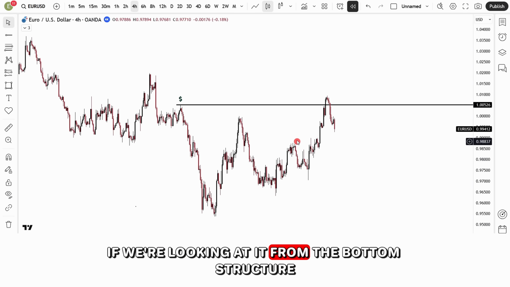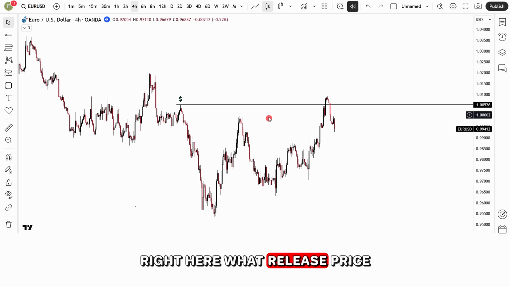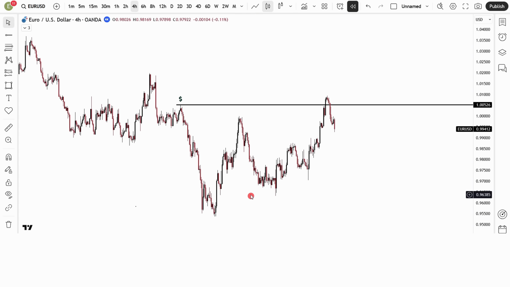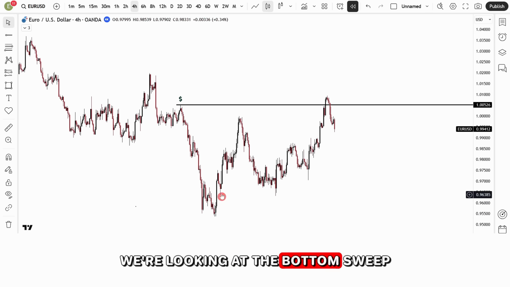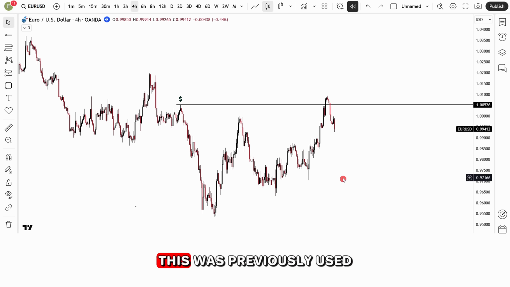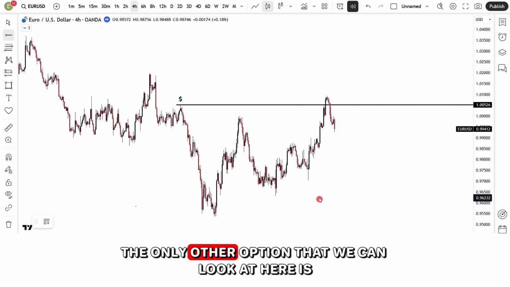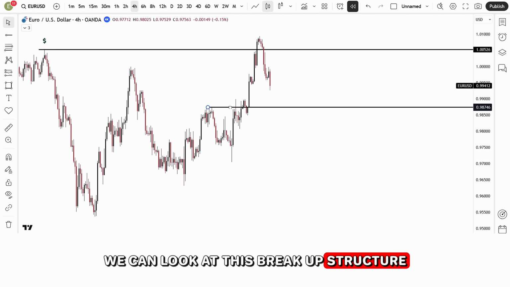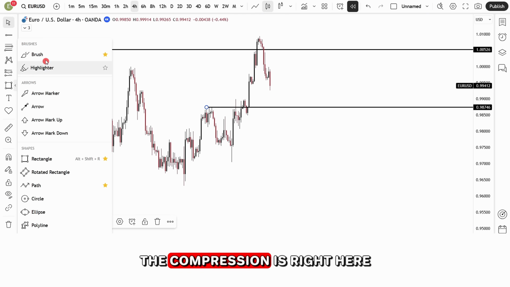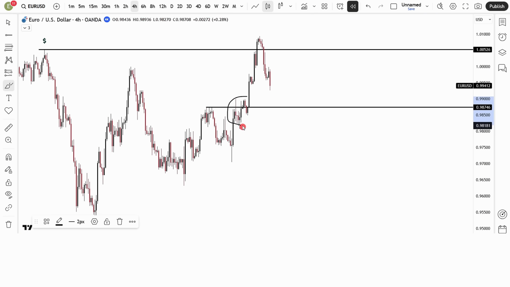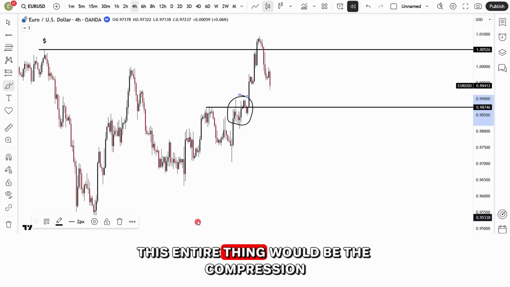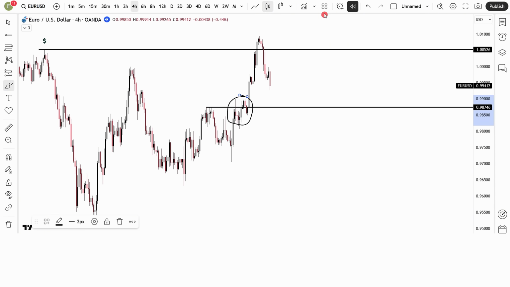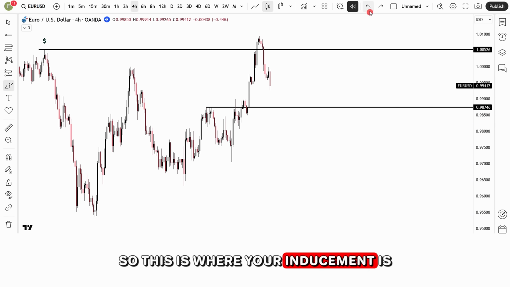If we're looking at it from the bottom structure right here, what released price? We're looking at the bottom sweep. This was previously used. The only other option that we can look at here is this break of structure, and where is the compression? The compression is right here. This entire thing would be the compression. So this is where your inducement is.